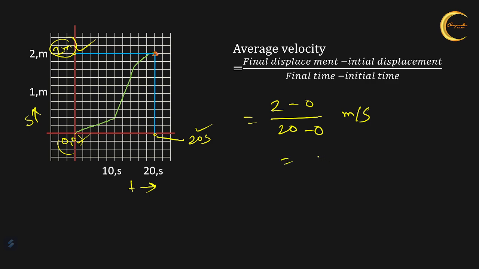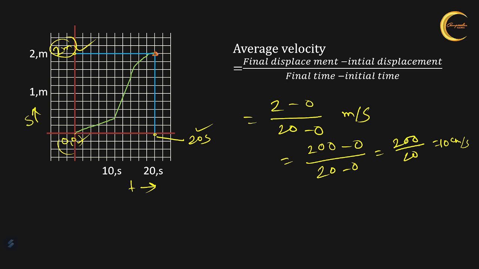We can easily find it by converting to centimeters: 200 centimeters minus 0 divided by 20 minus 0, which equals 200 by 20, equals 10 centimeters per second. So this is our answer.